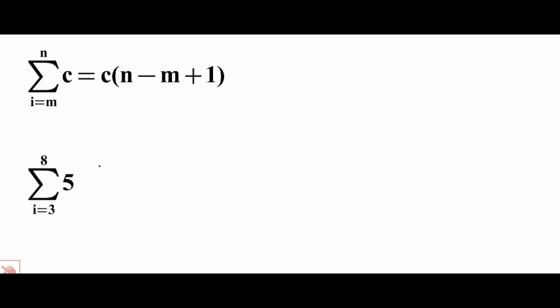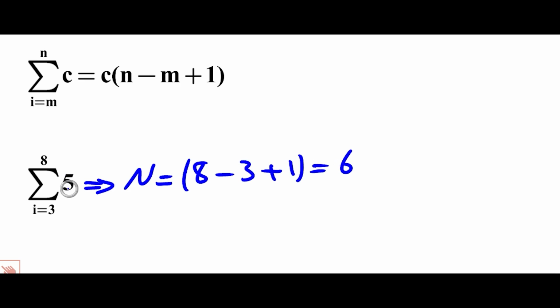Let me explain it with an example so you can understand it better. For example, the sum of 5 from a equals 3 to 8. First find the number of terms. We have n equals 8 minus 3 plus 1 equals 6. Means the number 5 is added 6 times.